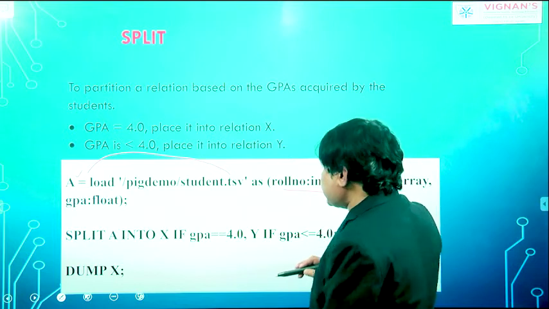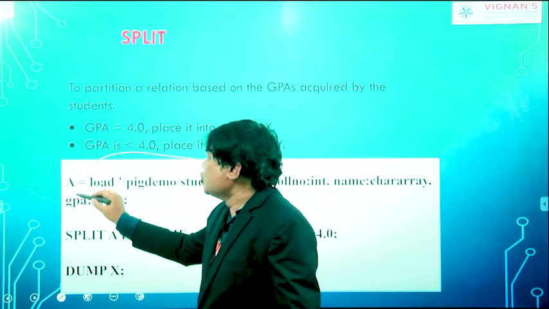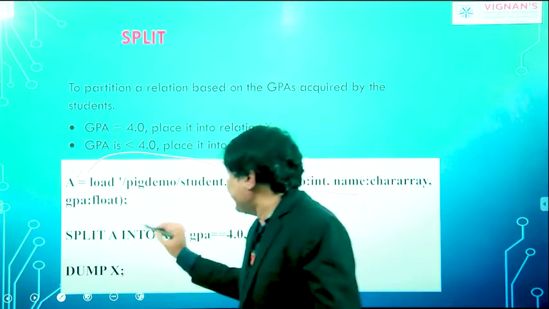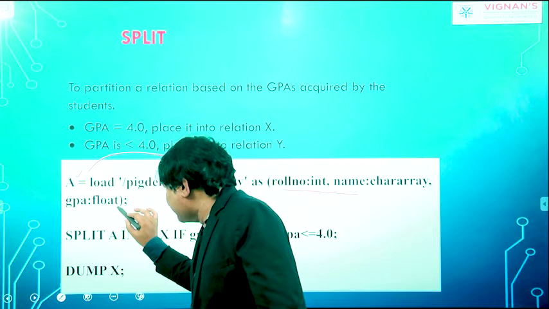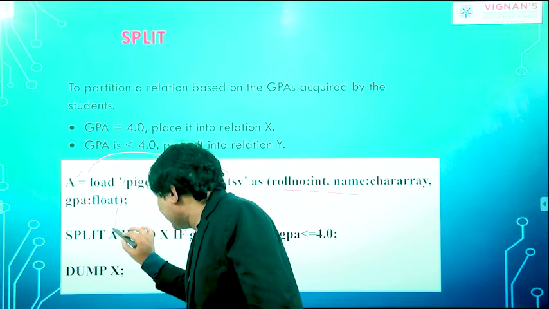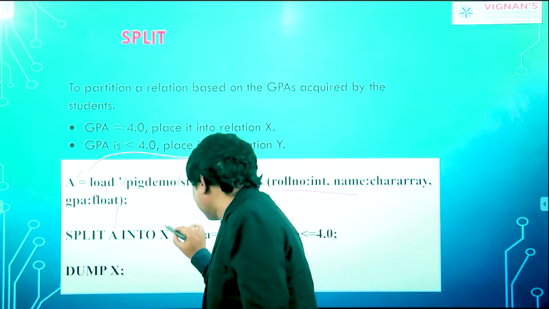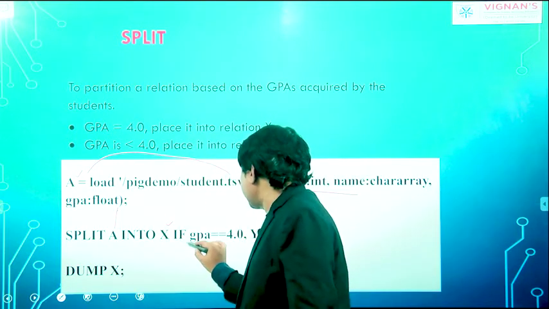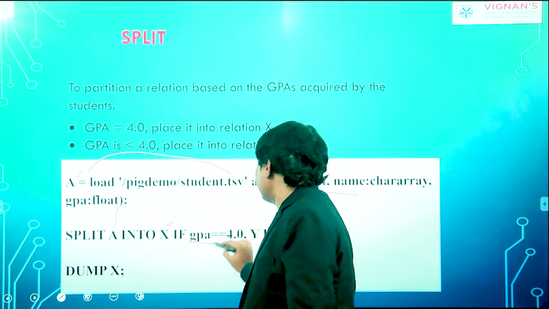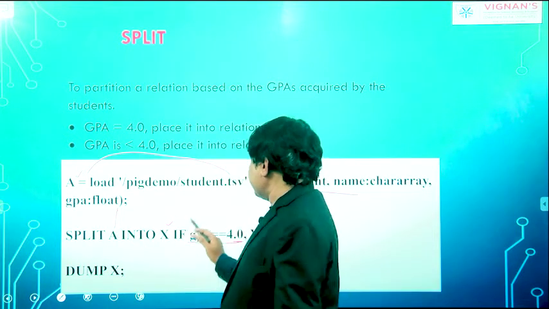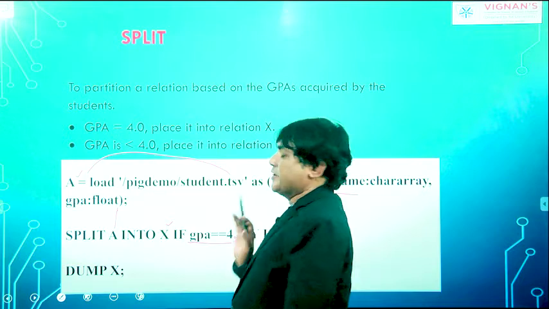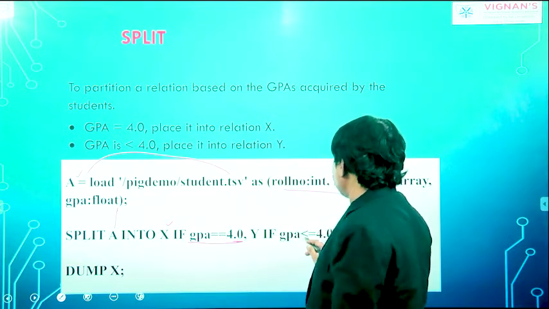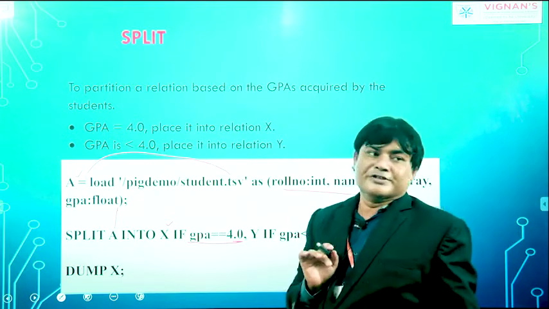Now this relation A is split into two relations. Split A, it means I am splitting A into X if GPA is equal to 4.0, and split A into Y if GPA is less than 4.0.